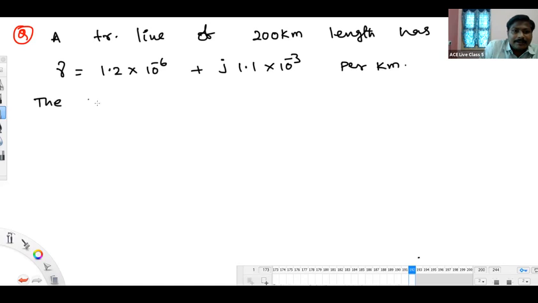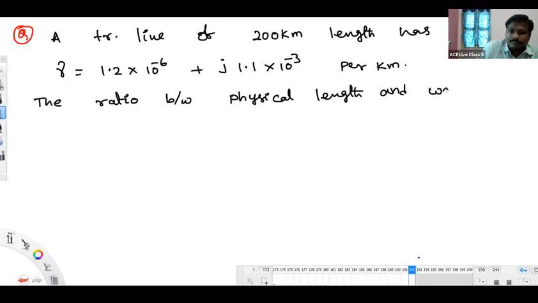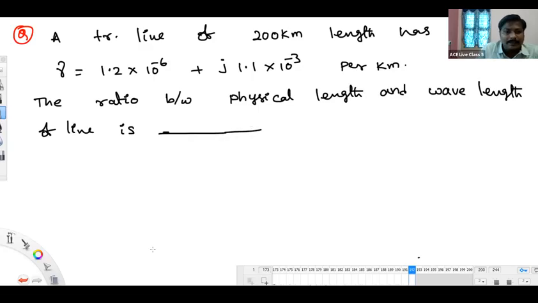The ratio between the physical length and wavelength of the transmission line is dash. Simple, very simple question.